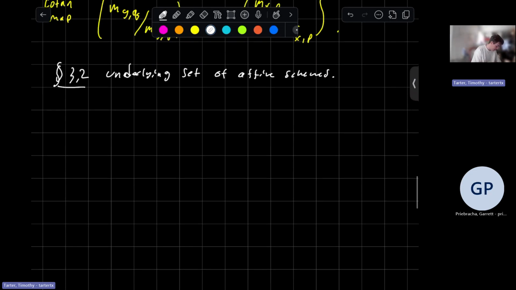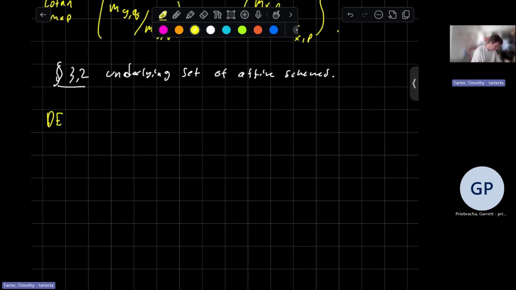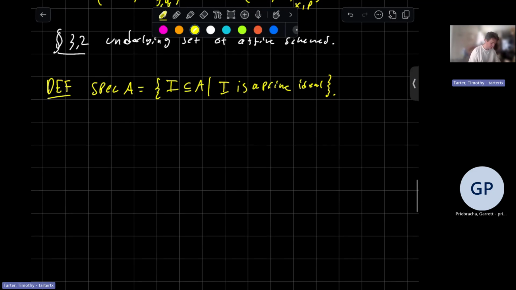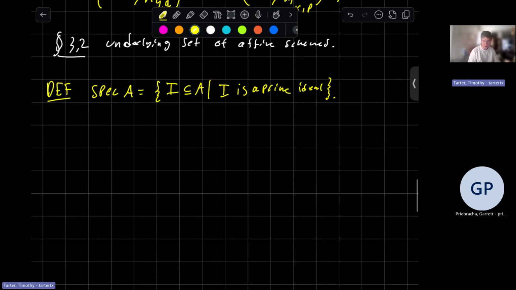So to give it the formal definition, for a ring A, spec A is equal to the set of ideals I such that I is a prime ideal, i.e. is generated by prime elements, right? So in number rings, this is kind of a trivial definition.